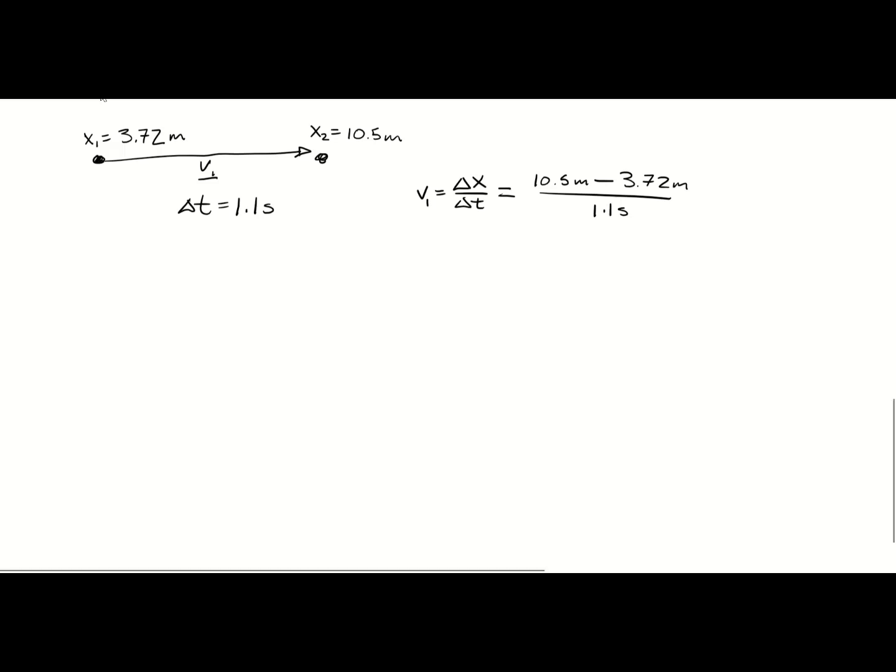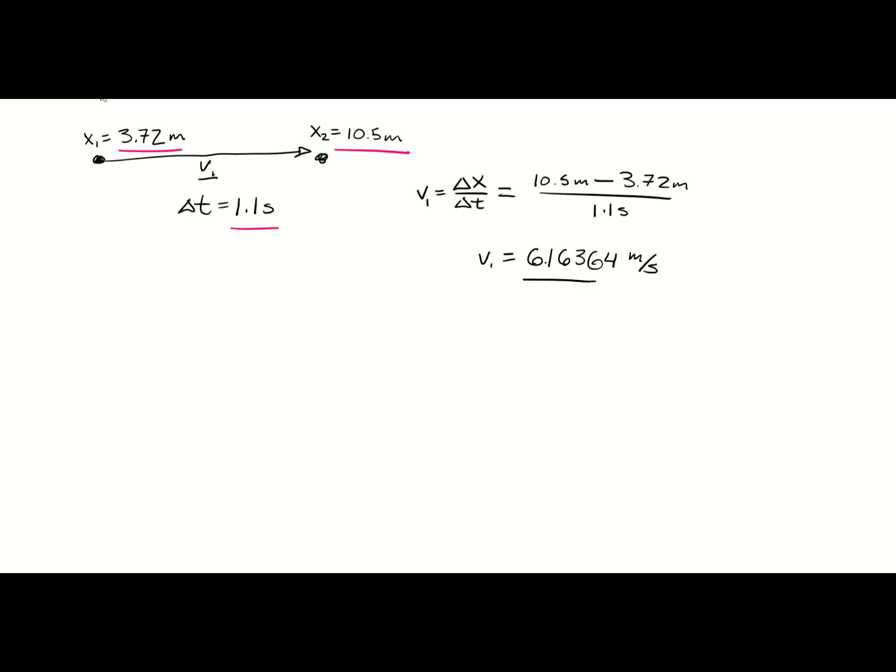And again, let's just assume that we've measured these positions accurate to those precisions. We can measure to the centimeter these two distances, and we have a watch that's accurate to 1/10 of a second. If I continue this calculation and enter it into my calculator, it's going to spit out 6.16364 meters per second as the velocity of that thing.